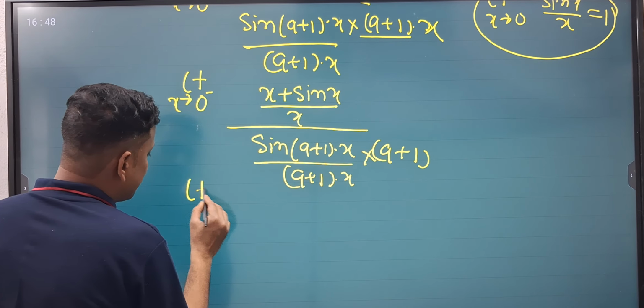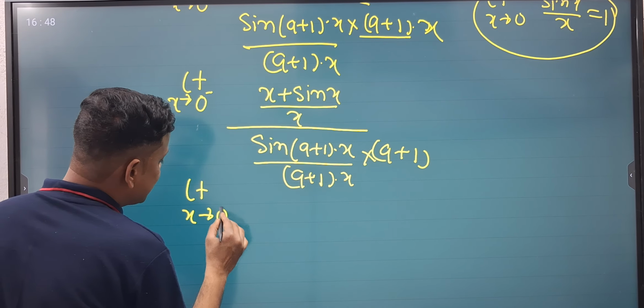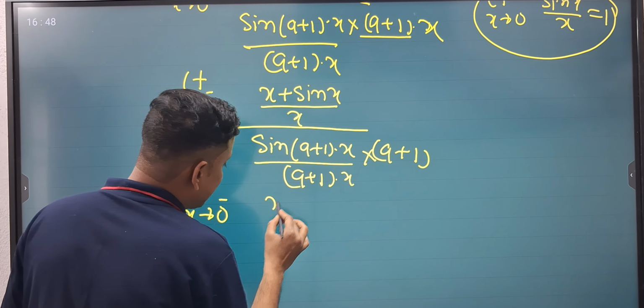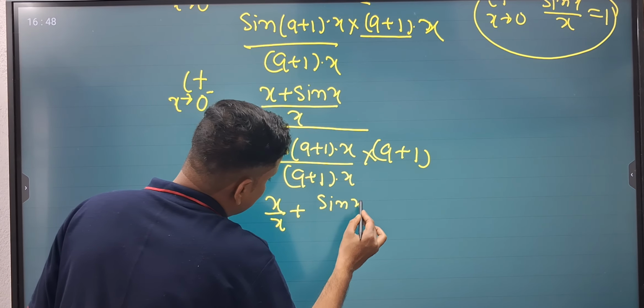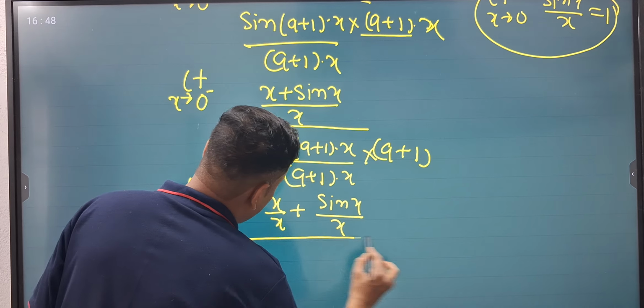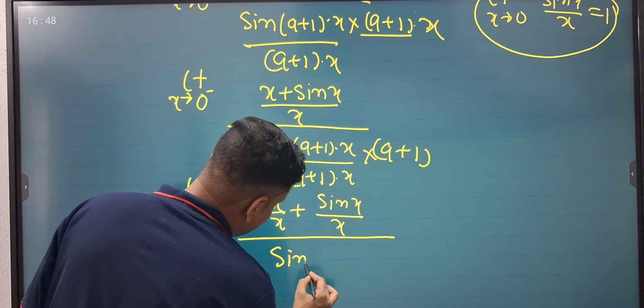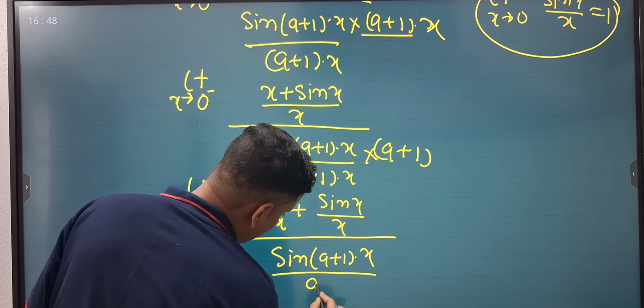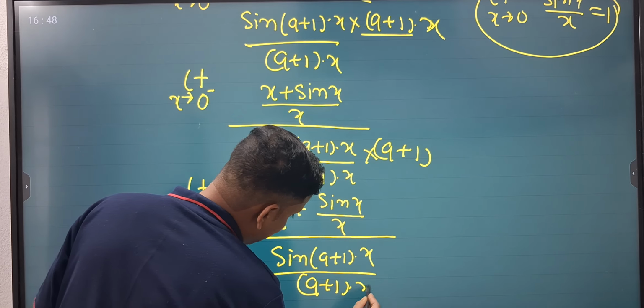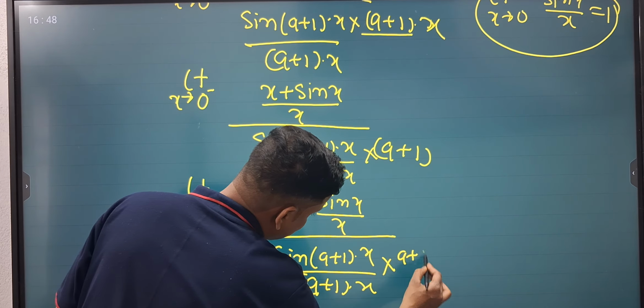So the next term you can write: limit x tends to 0 minus, here you can write x by x plus sin x by x, divided by sin((a plus 1)x) by (a plus 1)x, into (a plus 1).